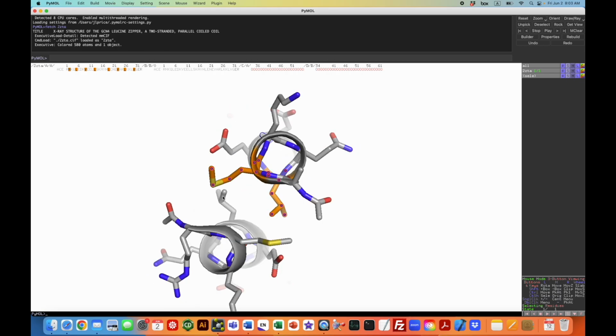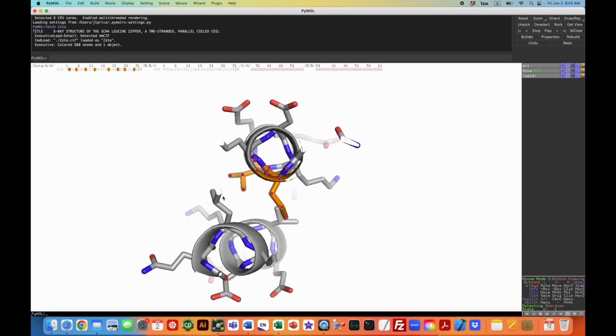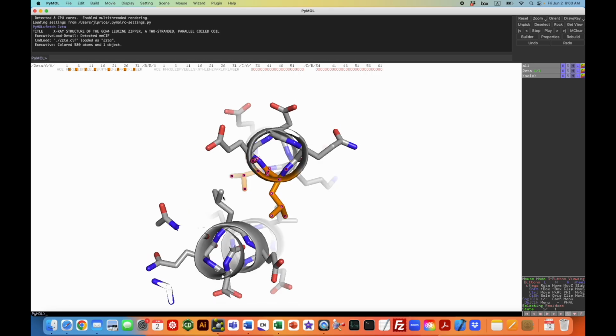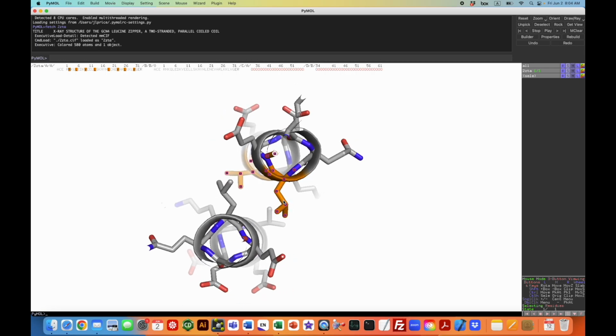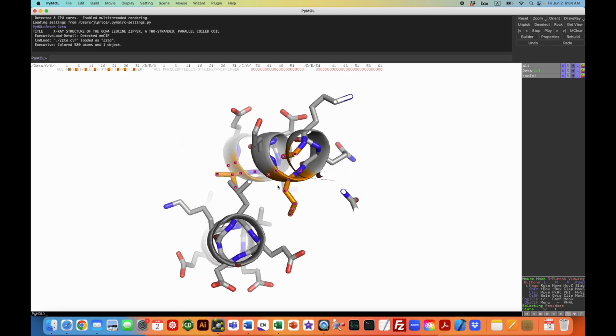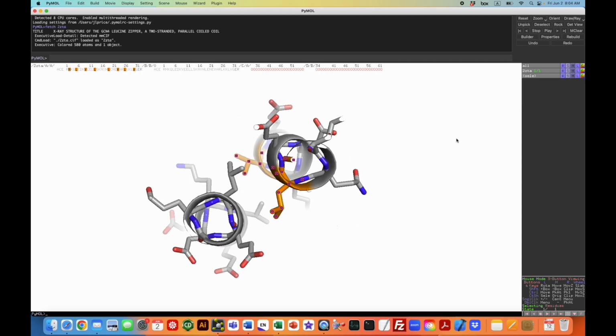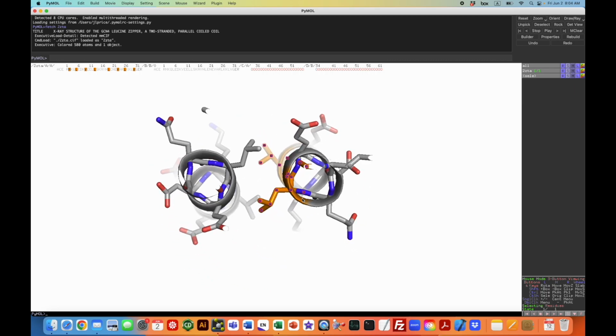And you'll notice that the amino acids that are nonpolar are packing into the interface between the two helices, and a nonpolar amino acid on one of the two helices is packed against a nonpolar amino acid on the other helix. So for example, this amino acid here happens to be leucine 5, and it packs against leucine 5 on the other helix.